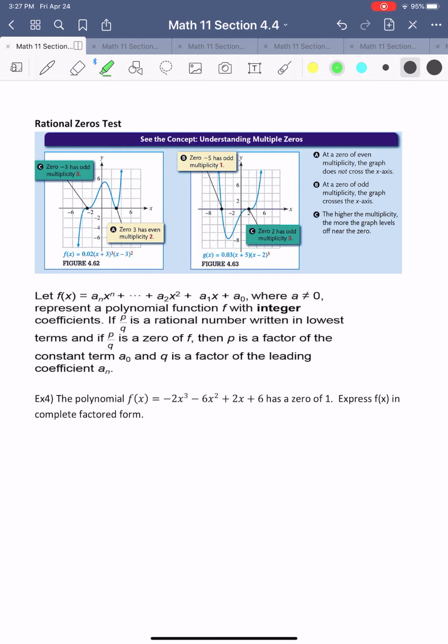So when you have a rational zero test, which is when you have a function, the important thing is a sub n and a sub 0.